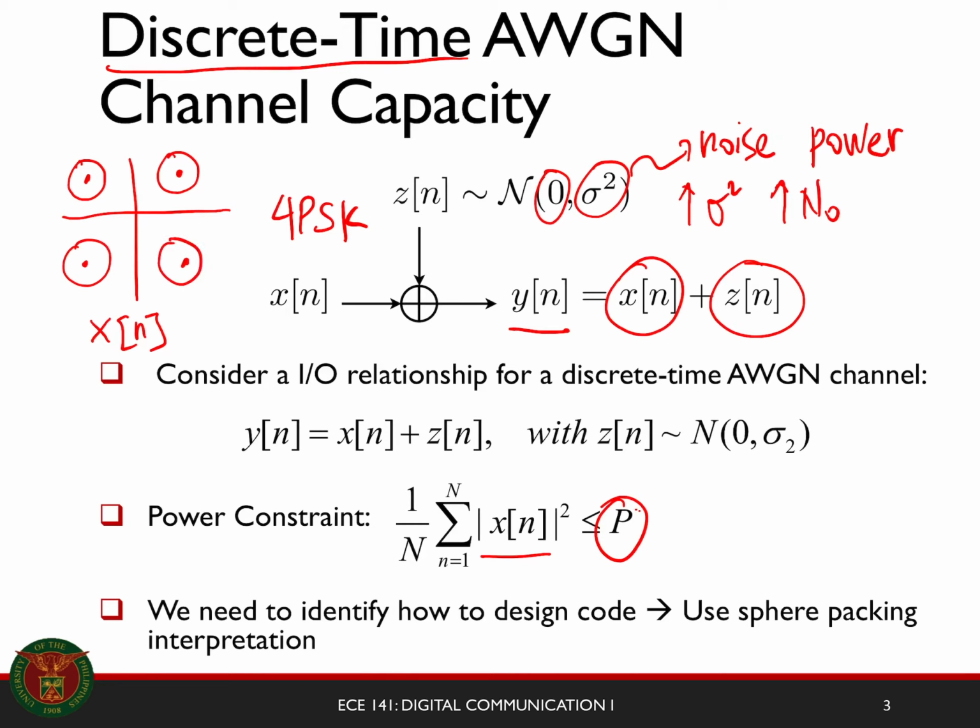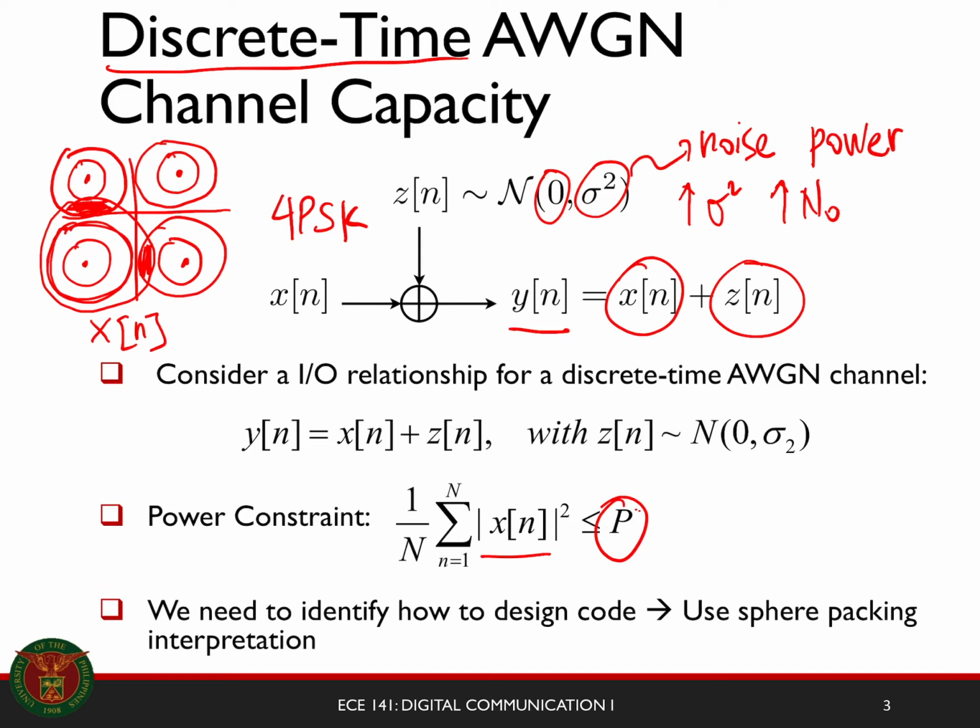If the noise power is larger, then your y of n could be somewhere in a larger circle, centered on the symbols from your transmitter. You'll have a bit error if this circle becomes large enough that it crosses the boundary that we set depending on the decision rule.